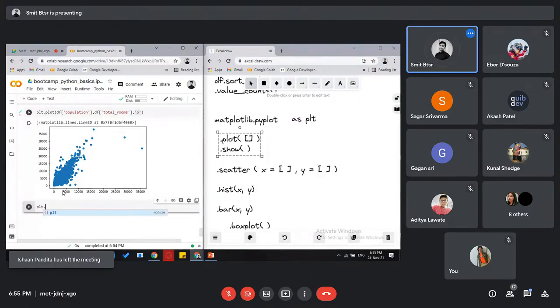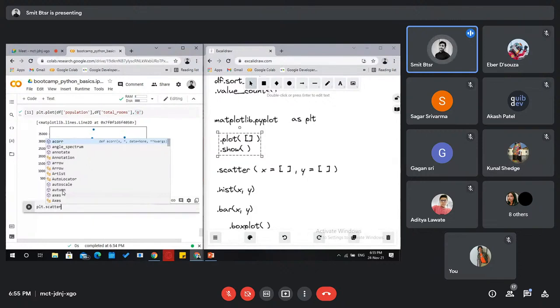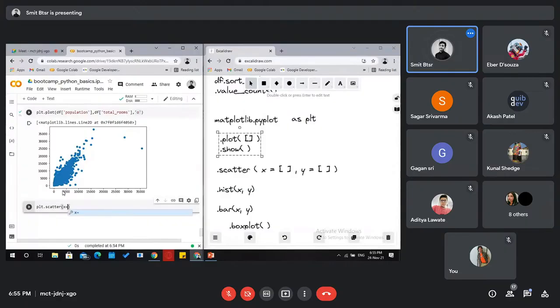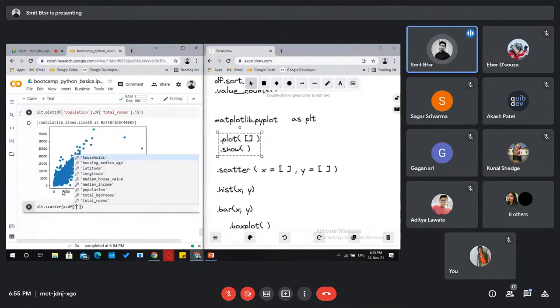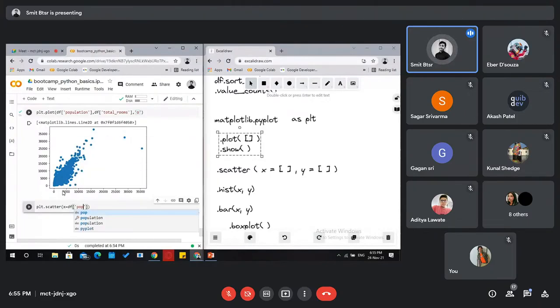Scatter, and here we have to mention x and y. Let's first see only population, what the scattering of population is, or how the population is distributed.